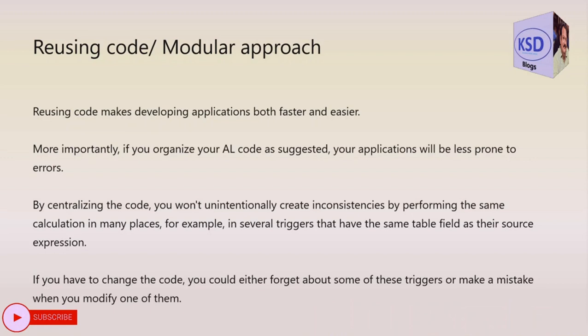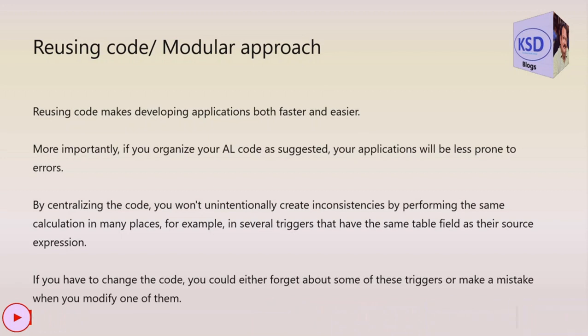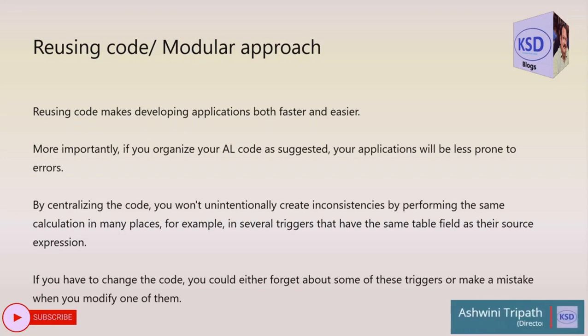For example, in several triggers that have the same table field as their source expression, if you have to change the code, you could either forget about some of these triggers or make a mistake when you modify one of them. So if it is centralized, you just have to make the modification in one place, and your change will be reflected everywhere.